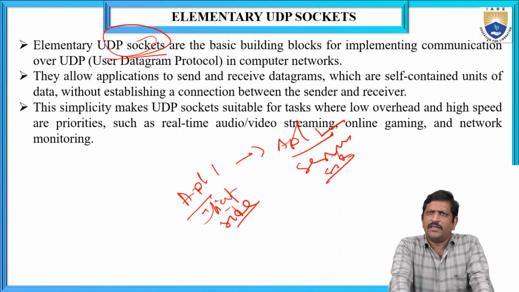Which is receiving the datagrams. That means here we are using the data link layer, the frames, in the form of frames, these datagrams can be received and sent. Which are self-contained units of data, without establishing a connection between the sender and the receiver generally.